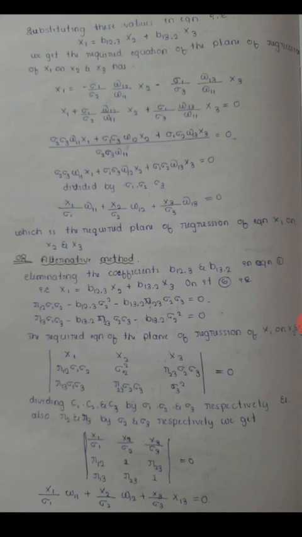Now dividing this by sigma 1 sigma 2 sigma 3, we get x1 upon sigma 1 omega 11 plus x2 upon sigma 2 omega 12 plus x3 upon sigma 3 omega 13 equals 0, which is the required plane of regression of x1 on x2 and x3.